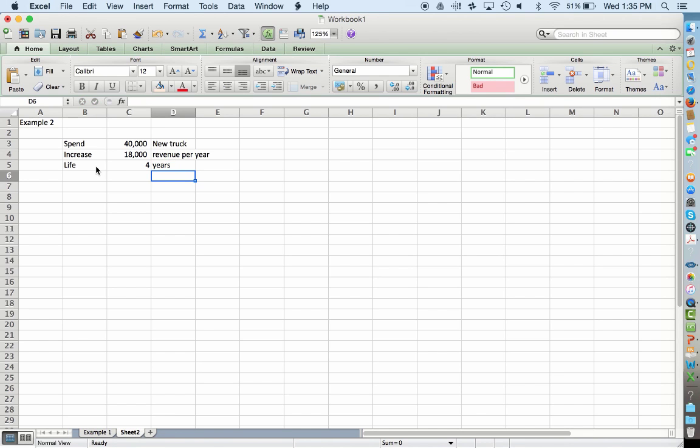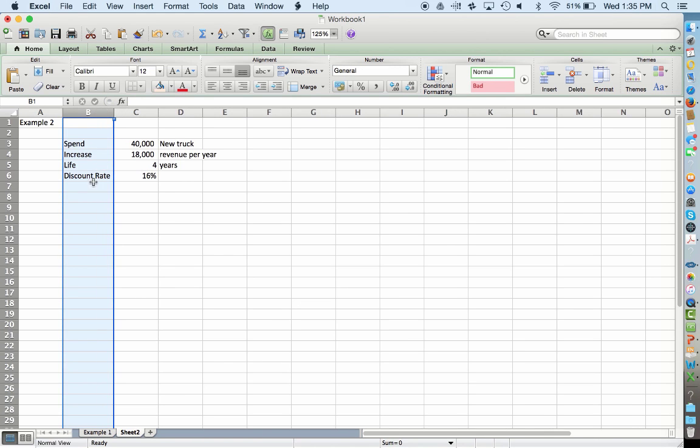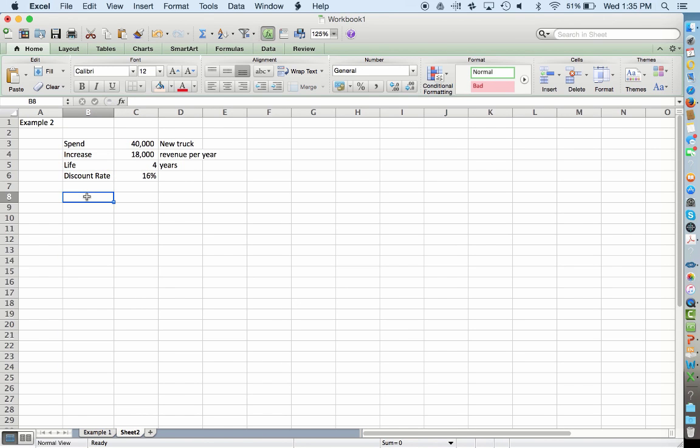And we have a discount rate of 16%. So using what we did in example 1, I want you guys to take 2 minutes and set this up. As a small hint, you can actually copy what we did in example 1 and just replace the numbers.